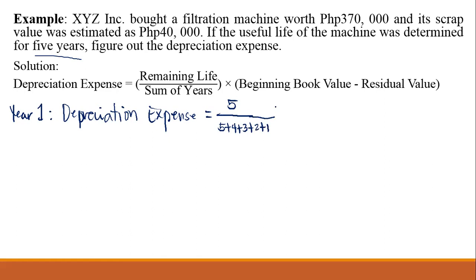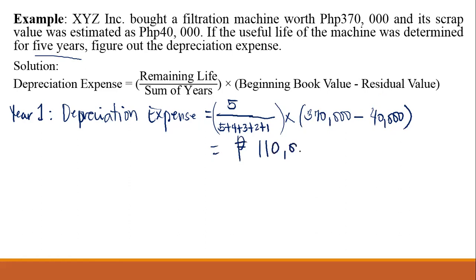Understand? It's not difficult, it's easy. And then the beginning book value, which is 370,000, and the scrap value or residual value, 40,000. So the depreciation expense on the first year is 110,000 pesos.